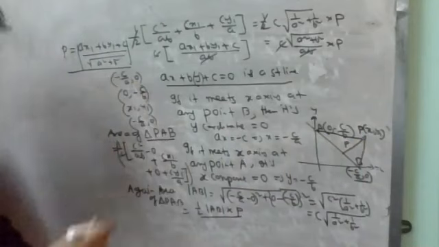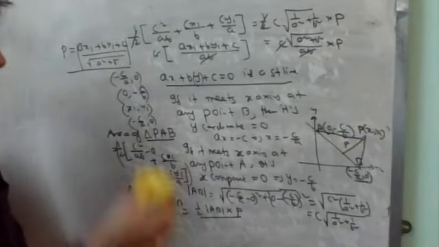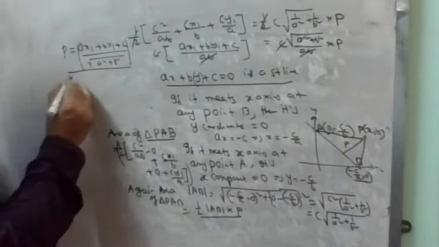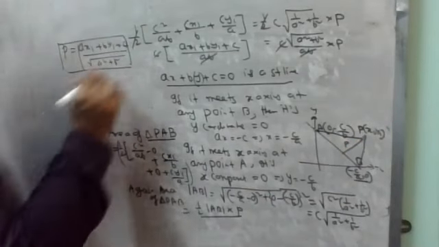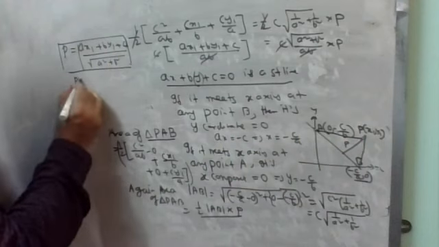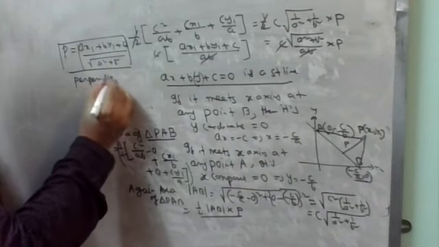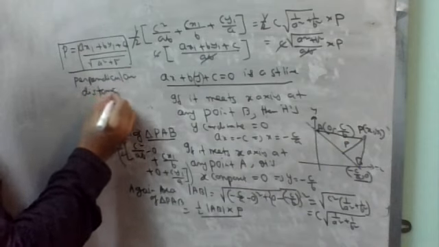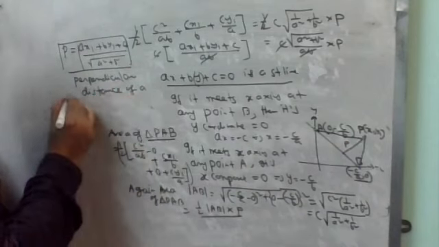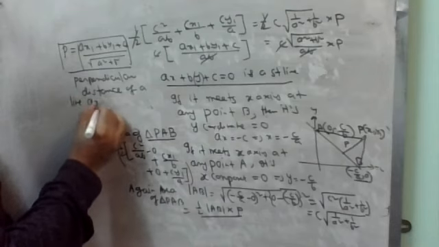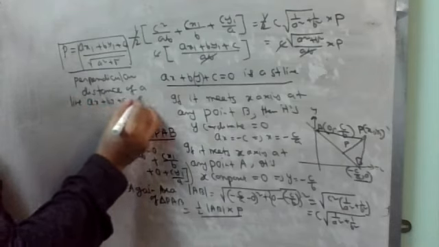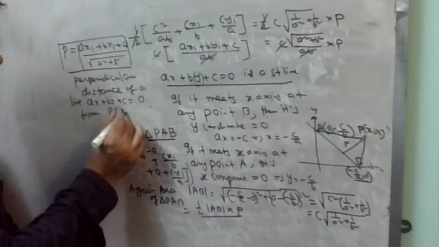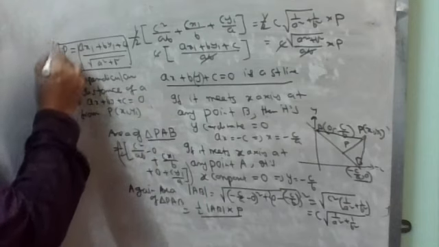This is the perpendicular distance. This highlighted part will be considered as the formula: the perpendicular distance of a line ax plus by plus c is equal to 0 from a point x1, y1.